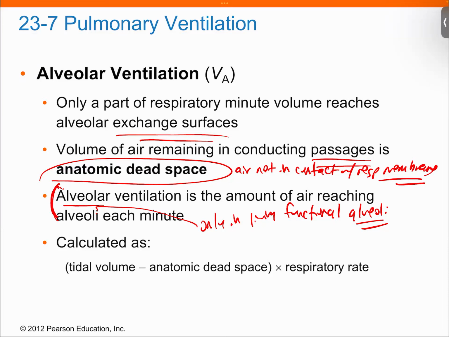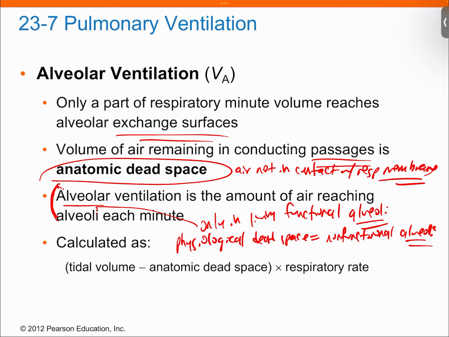There's another potential type of dead space, which is called physiological dead space. These are essentially associated with non-functional or damaged alveoli. So if you've incurred some lung injury, or smoking, or something of that nature, and you damage some of the alveoli, then those alveoli are physiologically offline. So that's physiological dead space.